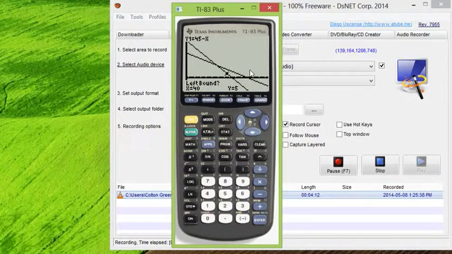All right, so to do that, it asks us a question, left bound. That means that we need to take our cursor and put it just to the left of our x-intercept. It doesn't really matter how far it is to the left, but just make sure that the cursor is left of this x-intercept that we want to find. Once we have the cursor in place, just like it is, press enter. And it says right bound, so we take this cursor and move it to the right, so it's right of that x-intercept.